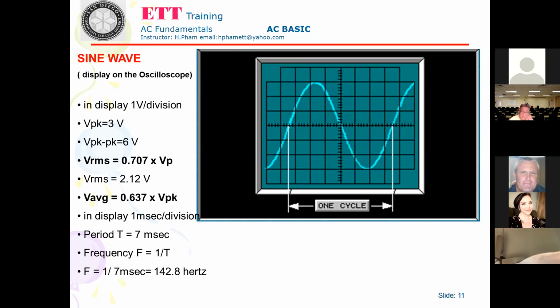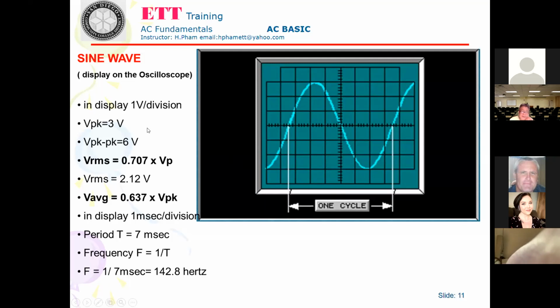Okay, so you understand from the bottom here to the top, you get 8 divisions. That stands for voltage. So now, peak to peak, you start from here, go to the top. You have to count it: 1, 2, 3, 4, 5, 6. 6 divisions.